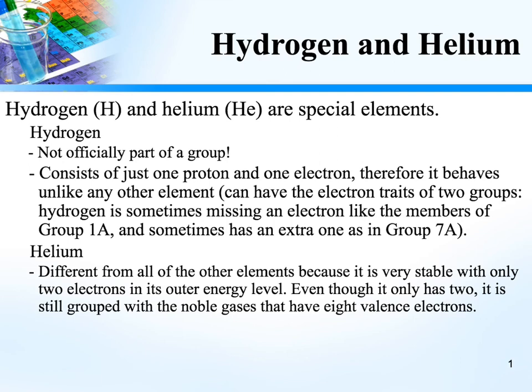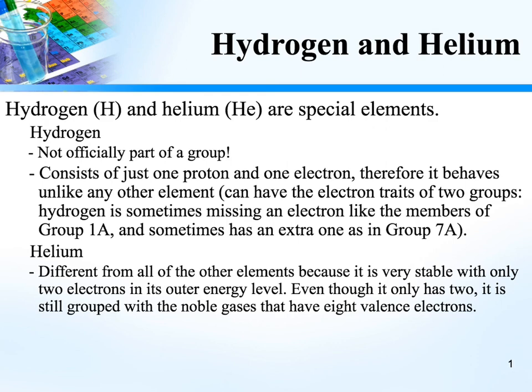All right, so the only one that we really have not even addressed is hydrogen, and then I need to go ahead and talk about helium a little bit more because these two elements are special elements. So hydrogen is the most common element in the universe. It is estimated that 3 out of every 4 atoms in the universe are hydrogen atoms. They are not officially part of a group. They consist of just 1 proton and 1 electron.